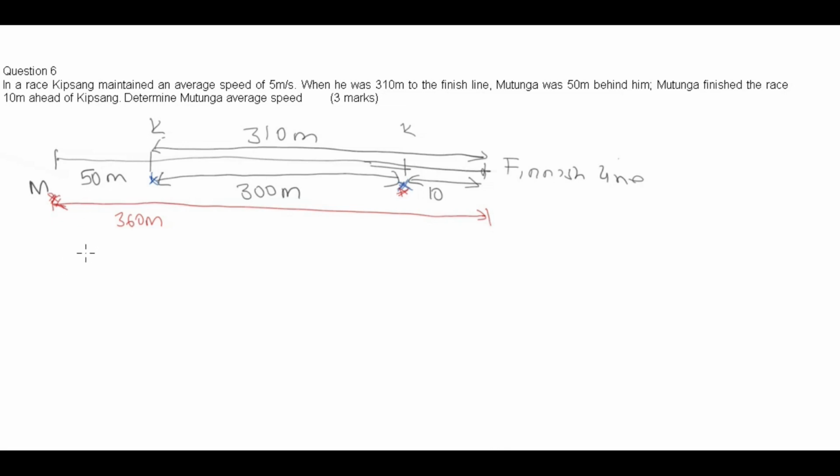We all know that speed V is equals to distance over time taken, and time taken is equals to distance over speed.